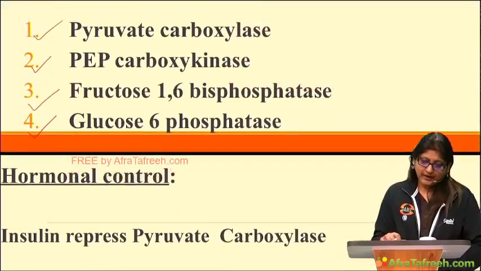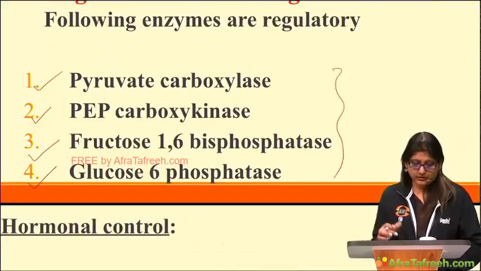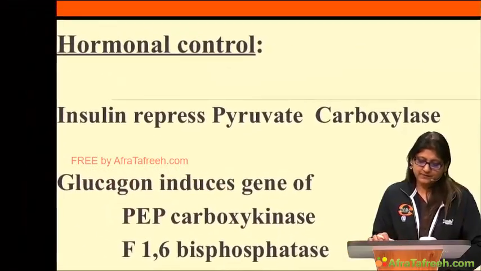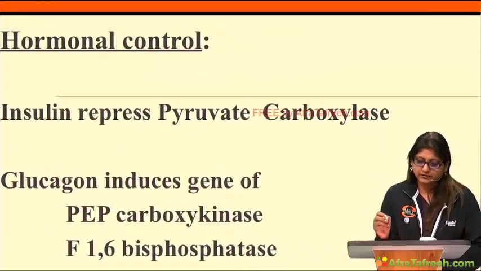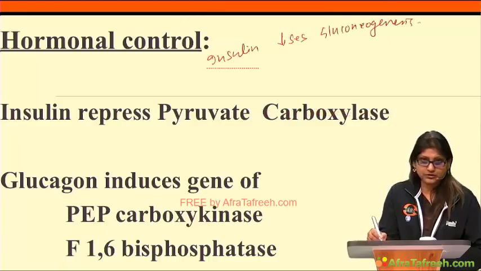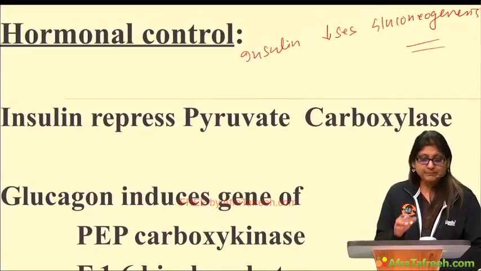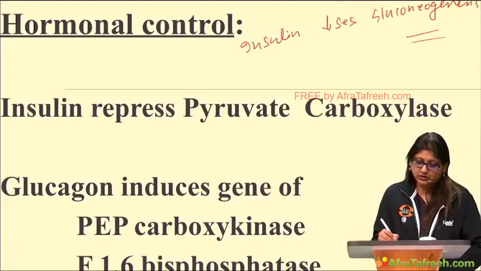Right. And now if we are talking about the regulation of these enzymes, something very important comes up, and that is the role of insulin. Logically, you understand that insulin reduces gluconeogenesis. Insulin doesn't allow gluconeogenesis to happen. It does so via its impact on the gene of the pyruvate carboxylase enzyme.